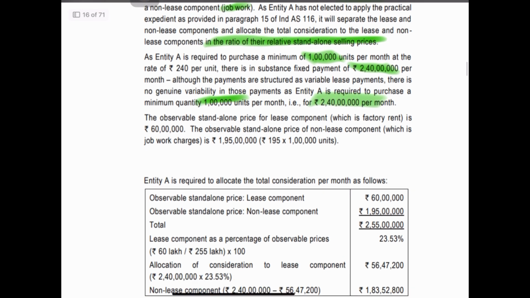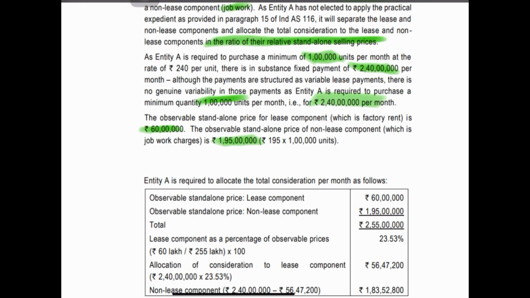Okay, so the observable standalone price for the lease component is 60 lakhs because they have given very clearly that the standalone price of the lease is 60 lakhs. The observable standalone price of the non-lease component is 1 crore 95 lakhs because that's also given.